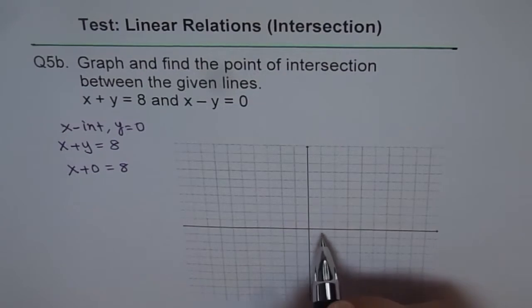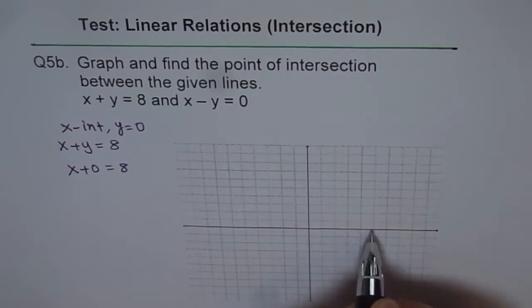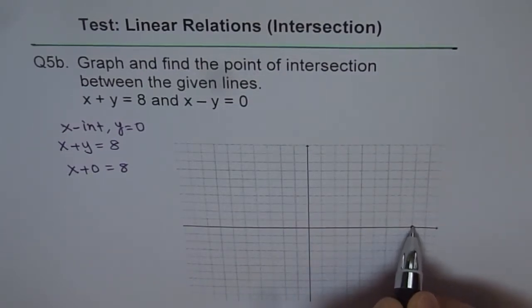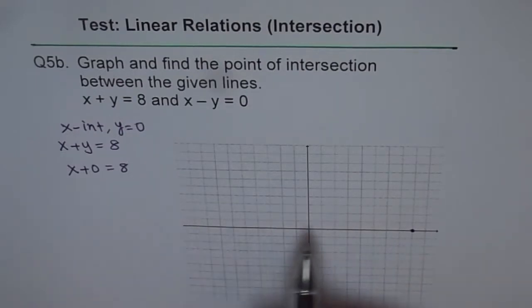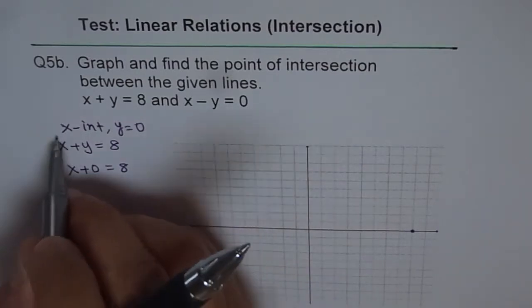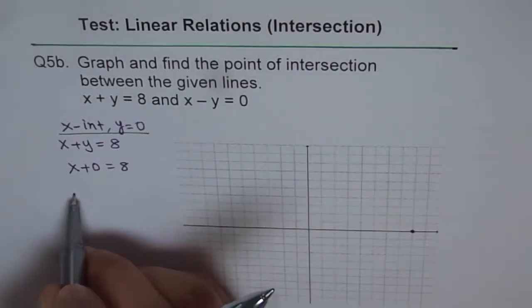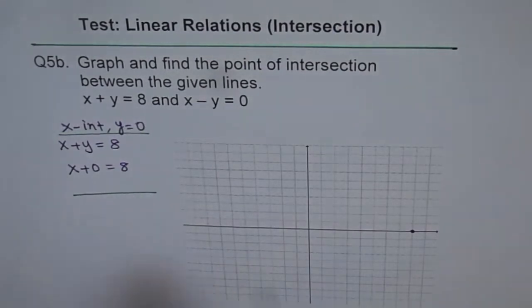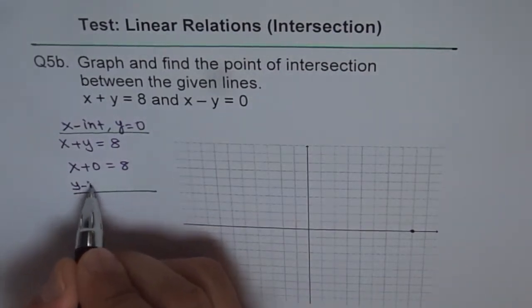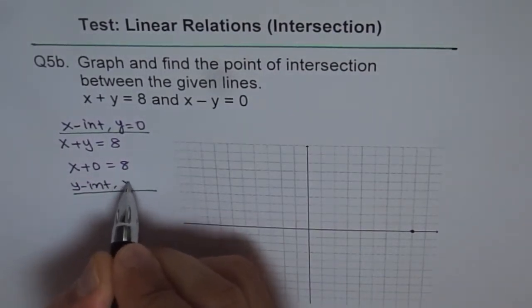That means x is 8, correct? So on the axis, 1, 2, 3, 4, 5, 6, 7, 8. That is my x-intercept for the line x plus y equals 8. Now let's find the y-intercept for this line. The y-intercept is when x is equal to 0.